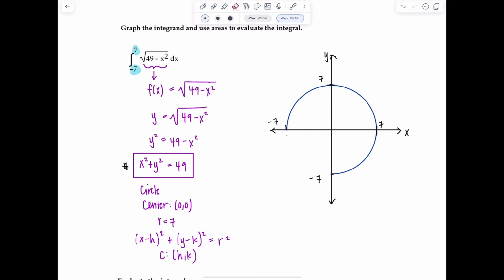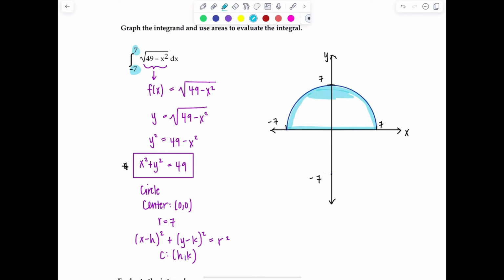Okay, so now look back at the integral. It represents the area under this semicircle from -7 to 7 that's bounded by this curve as well as the x-axis. Okay, so let's shade in the area represented by the integral from -7 to 7.